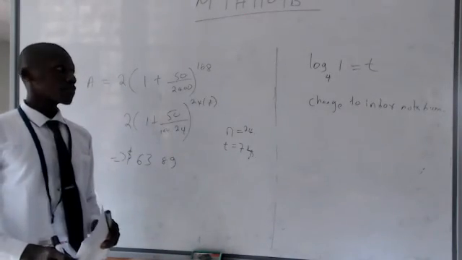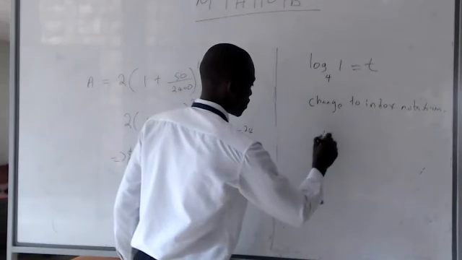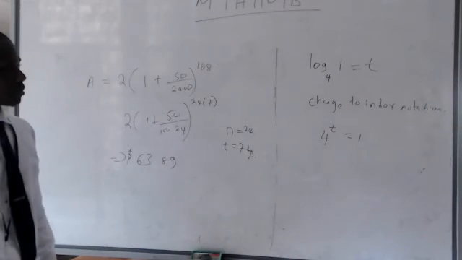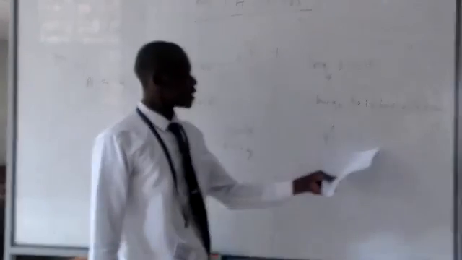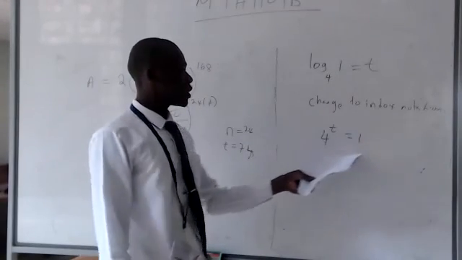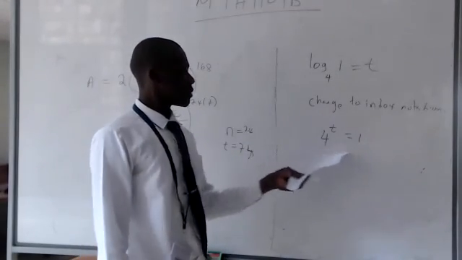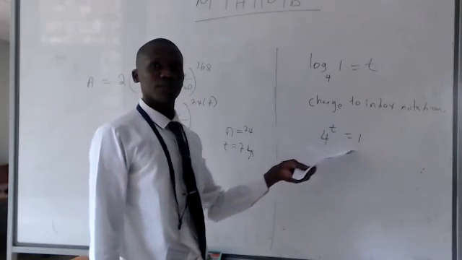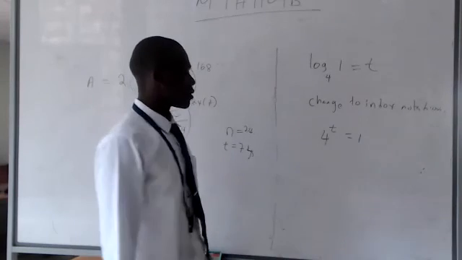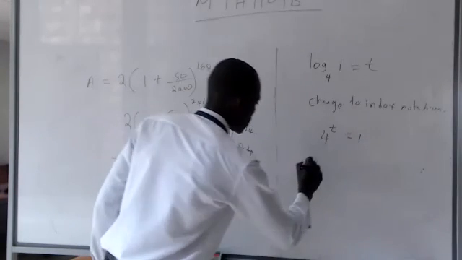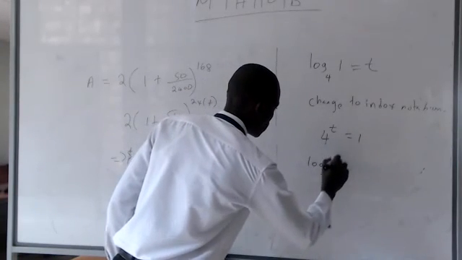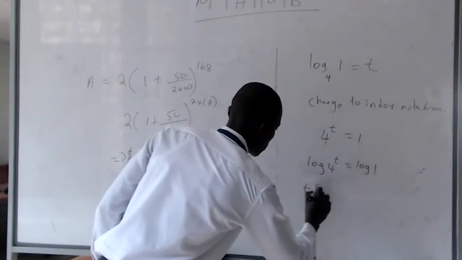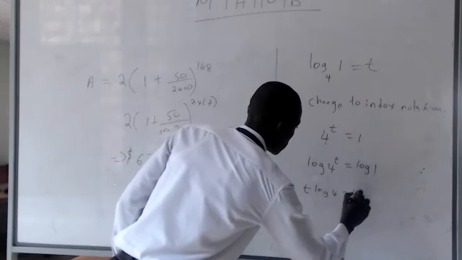4 raised to the power t is equal to 1. At this stage, you should all be seeing what t is. t is 0. But of course, if you didn't know that, take the logs on both sides. t times log of 4 is log of 1.